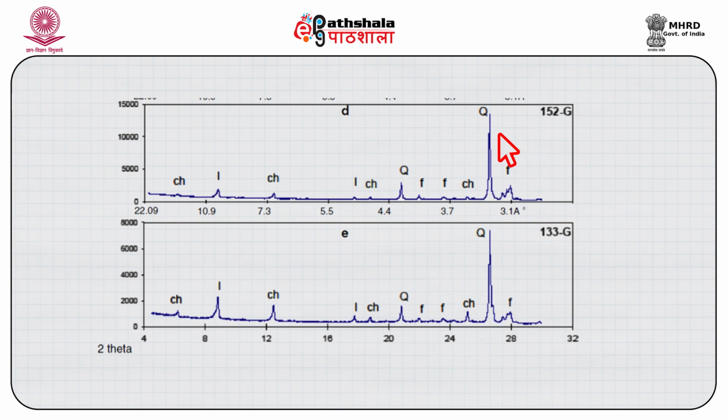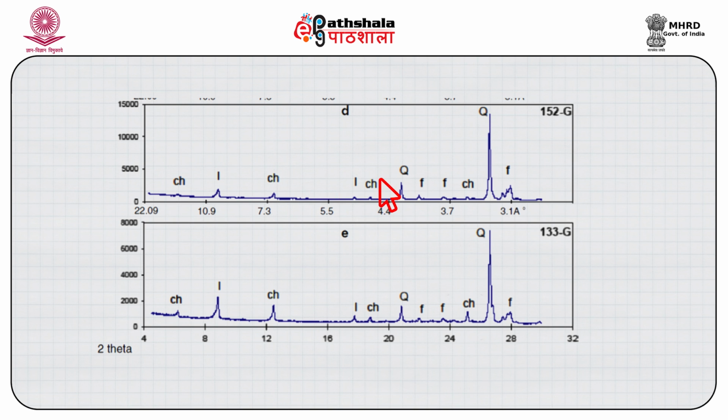As you know, quartz is a pure phase, so its peak is a constant marker. In reference to that, we have other peaks in this, which refers to illite, chlorite, and the second order peaks of illite and chlorite, and the other peak of quartz present in this sample.